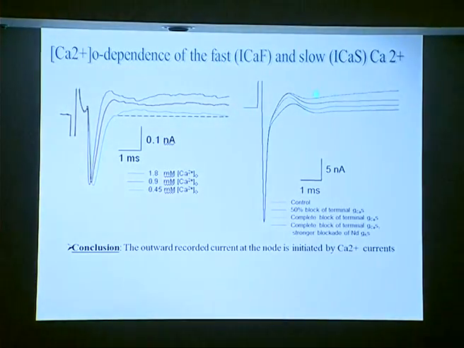And the same thing we did in the computer model by decreasing stepwise the calcium conductance. Now, two types of calcium conductance could be seen, a fast one and a slower one. We simulated these types of calcium conductance by the fast activating N-type conductance and the slow activating L-type calcium conductance.